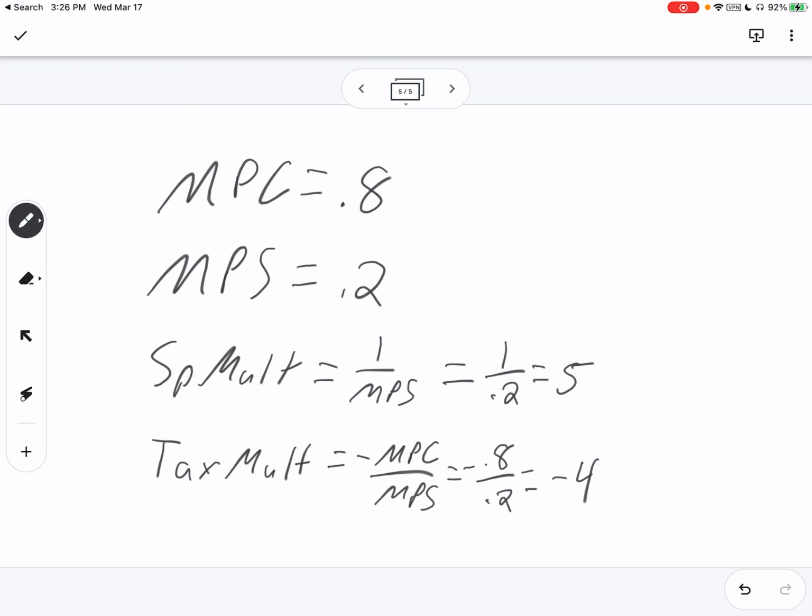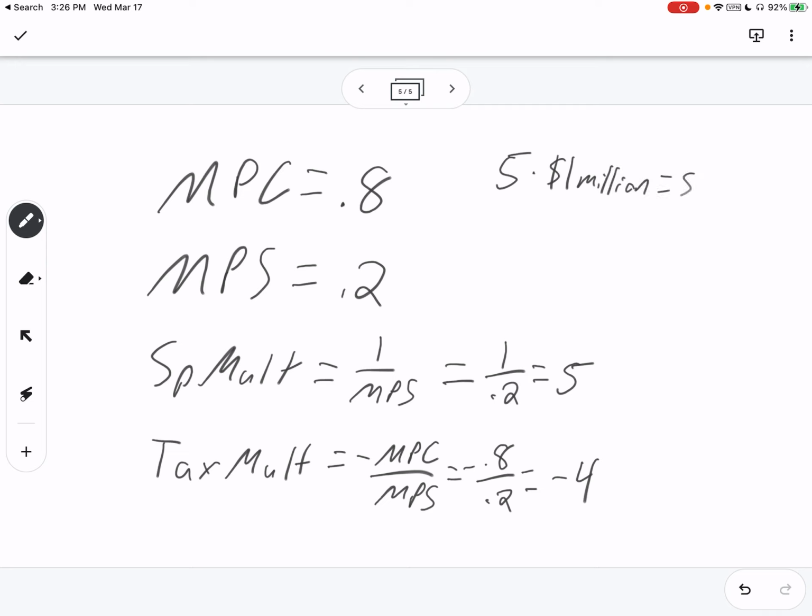That's IG out of C plus IG plus G plus XN. And that means we're going to use a spending multiplier. And we're increasing spending, so it's going to be a positive spending multiplier. So if we increase spending by $1 million, we're going to use this one here. So we would have 5, our multiplier, times the initial change in spending, which was $1 million.